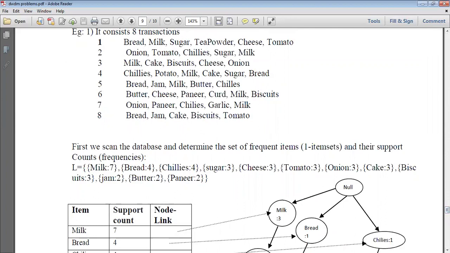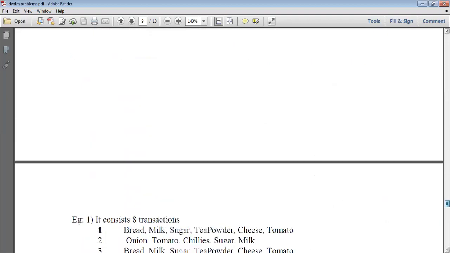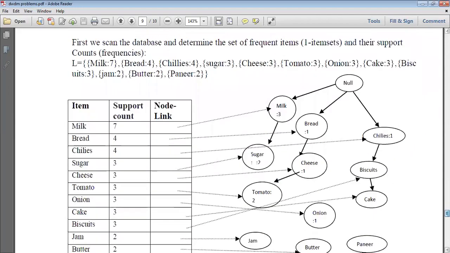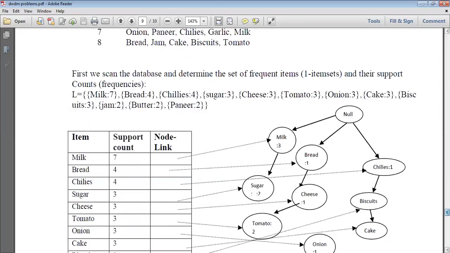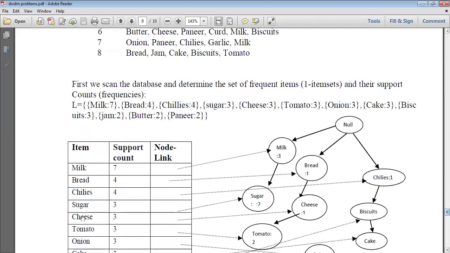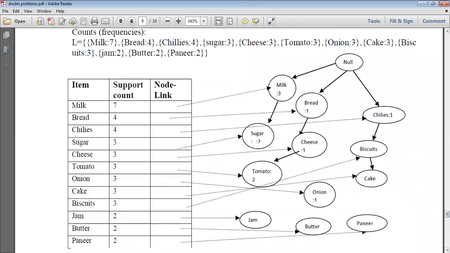Sugar is again 1. The next one, tea powder, you don't have that item set, so you leave it out. And the next one, cheese, is taken as 1. Next, tomato, you represent as 1.